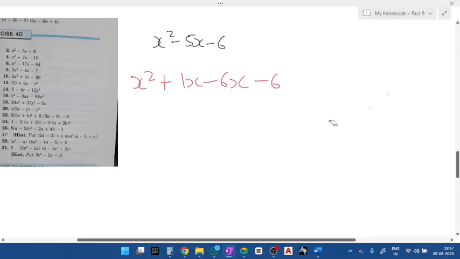Whoever has done, try the second one. Third question. Group into 2. Find the third one, students.